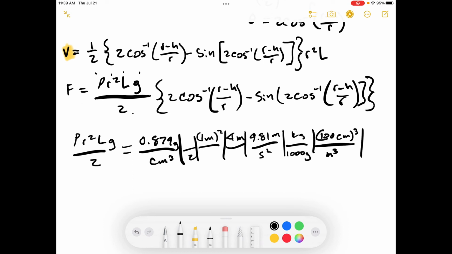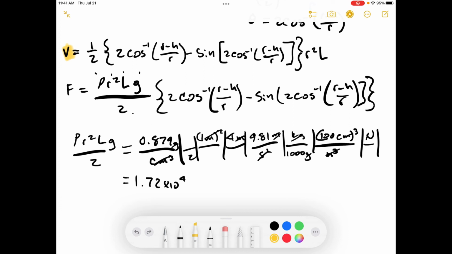And the centimeters cancel, the grams cancel, the meters cubed cancel, and we are left with kilogram meters per second squared, which is equal to a newton. Okay, so we're just left with newtons. And we multiply all this together, and we get 1.72 times 10 to the 4, and that's in newtons.